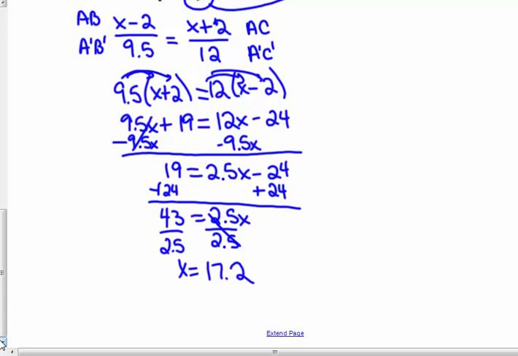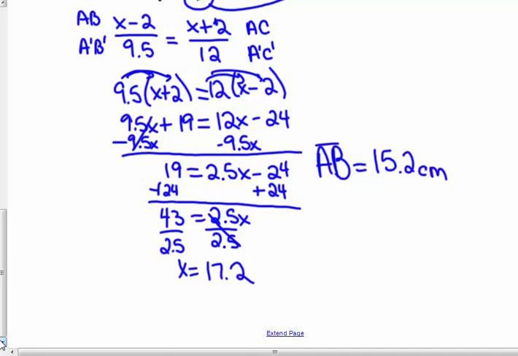Let's reread what we have to do: determine the value of x, and then find the lengths of AB and AC. Oh, they did want us to solve for that. So AB, which represents x minus 2, would be 17.2 take away 2, which is 15.2 centimeters.